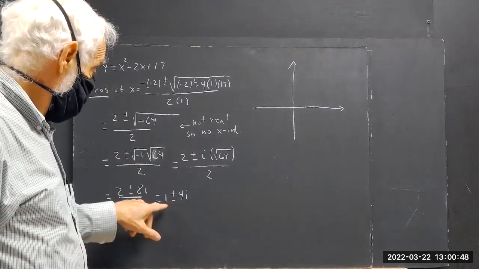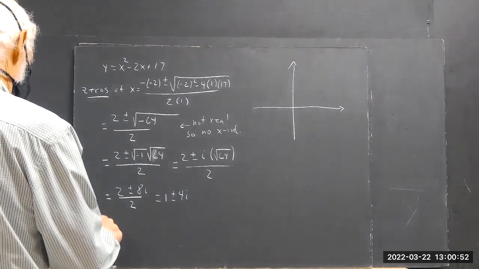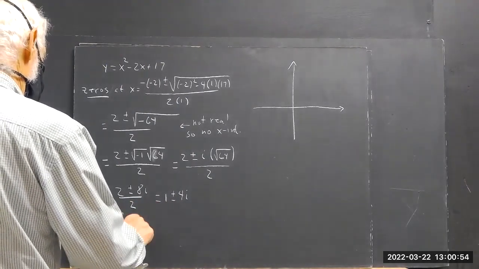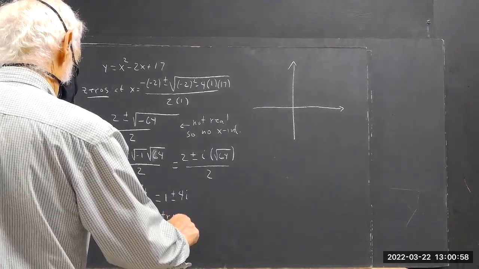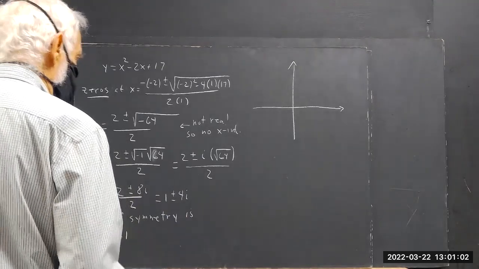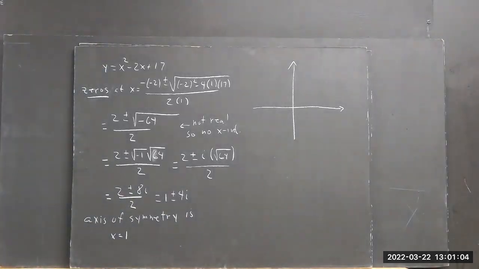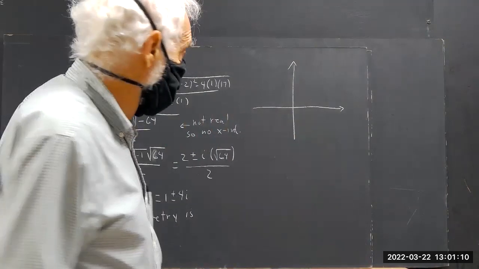So you know what the axis of symmetry is. It's x equals 1. So no zeros, axis of symmetry is x equals 1.